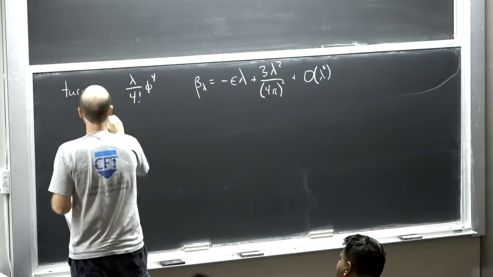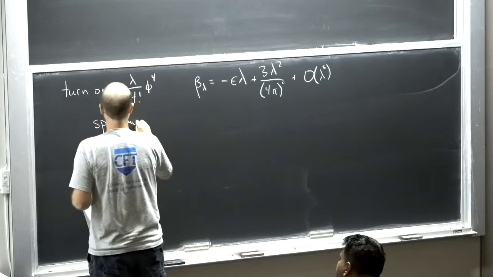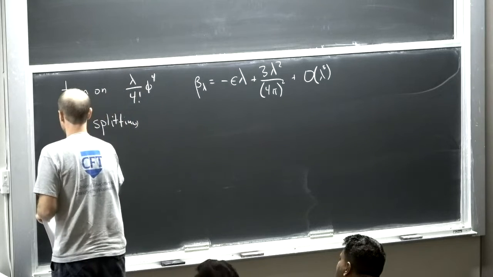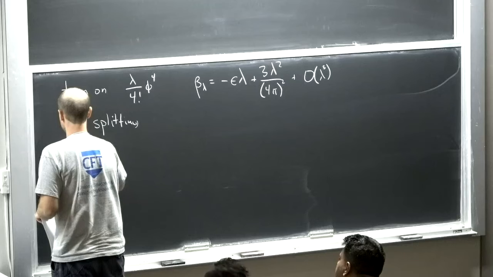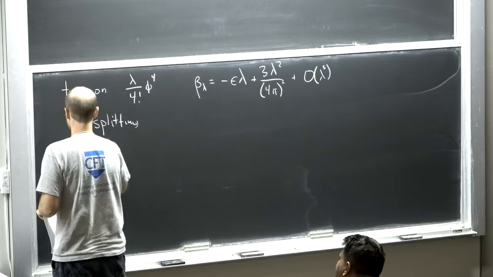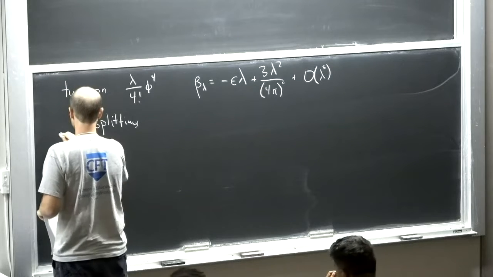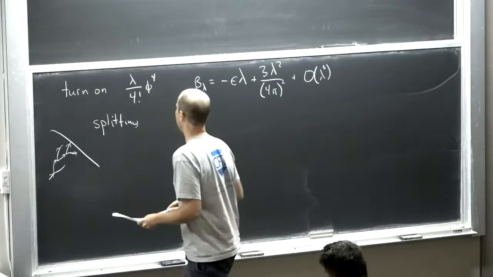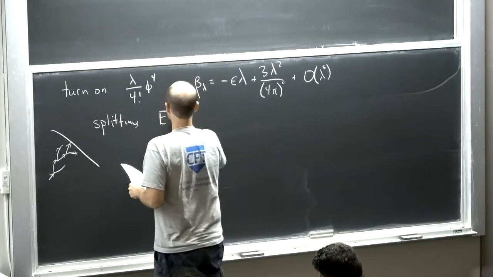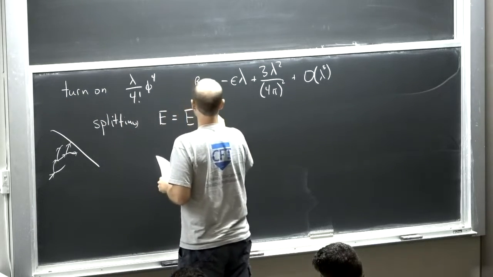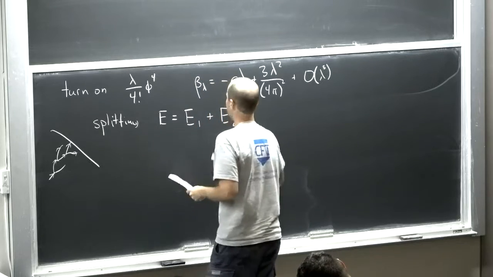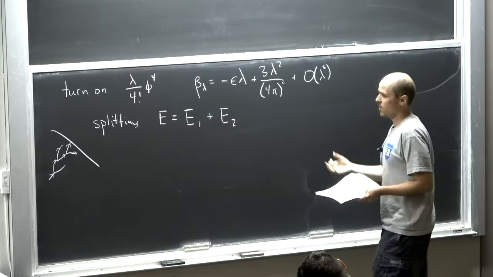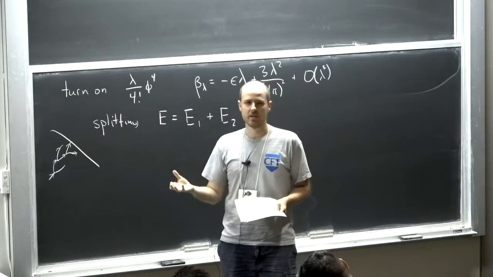Okay, I can draw a little cartoon. We have a particle, it splits into particles, and then that splits into more particles, and so on, as it propagates out towards future null infinity. So in splitting, energy is conserved: E is E1 plus E2. And this is important for the energy flux operator to still make sense.